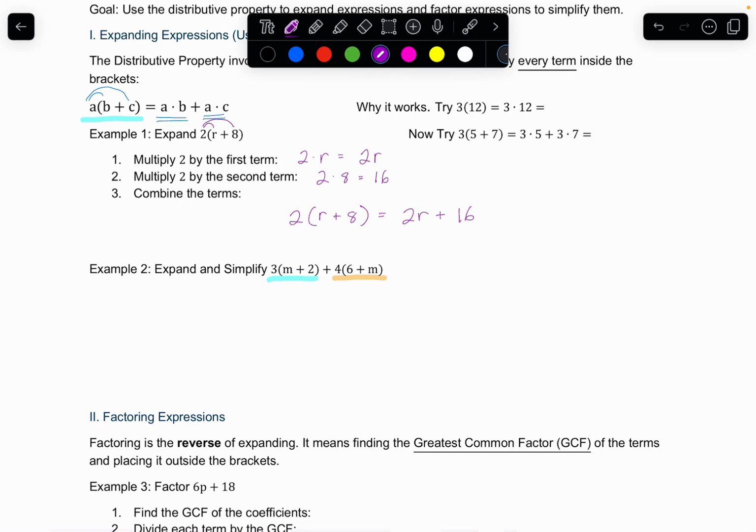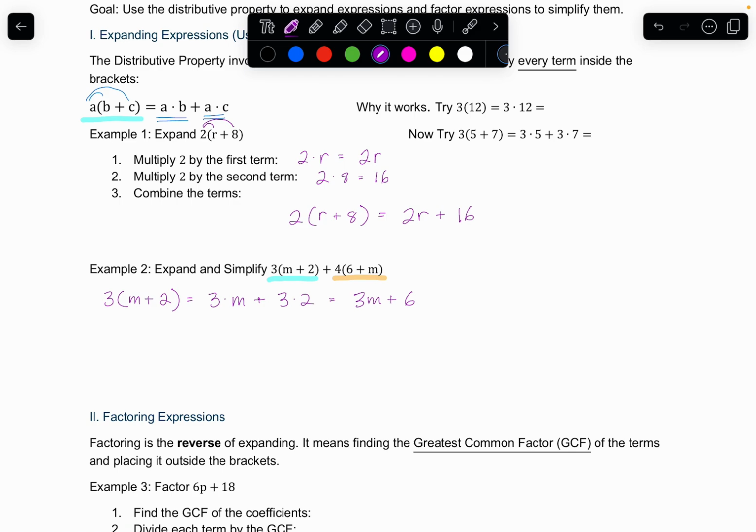I'm going to write it to the side. So 3 times m plus 2 is equal to 3 times m plus 3 times 2, which is equal to 3m plus 6.